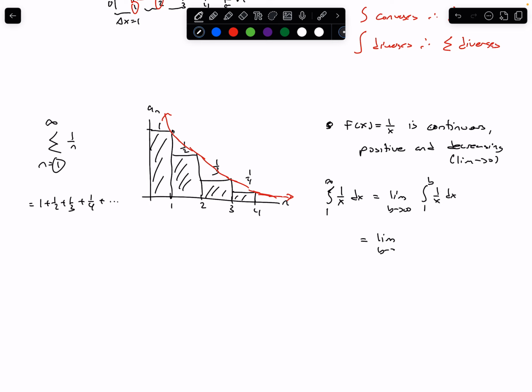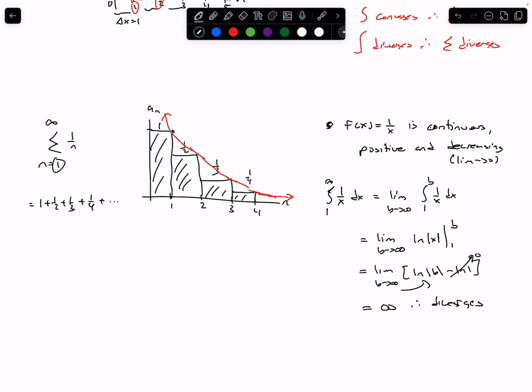This just gives us the natural log of x from 1 to b. And solving it, we get the limit as b goes to infinity of the natural log of b minus the natural log of 1, which we already know is 0. And if we let b go to infinity, this goes to infinity. Therefore, we say that this diverges.